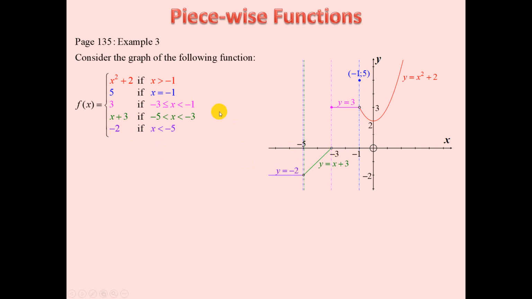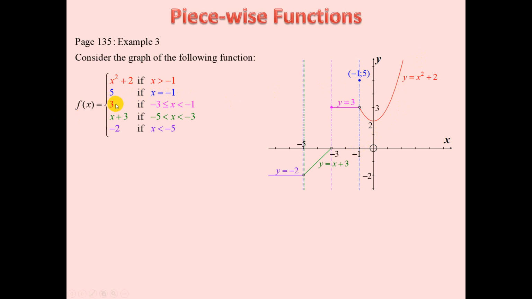There. And we have the parabola y equals x squared plus 2 from -1 that way. So you'll notice y equals x squared plus 2 is to the right of -1. Y equals 5 when x equals -1, so that's just a point.